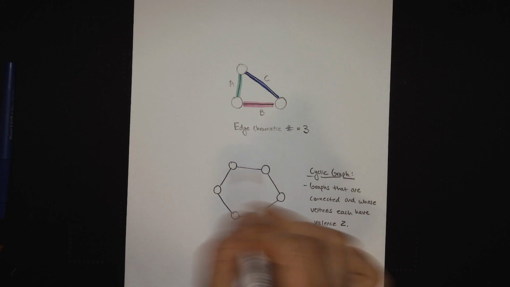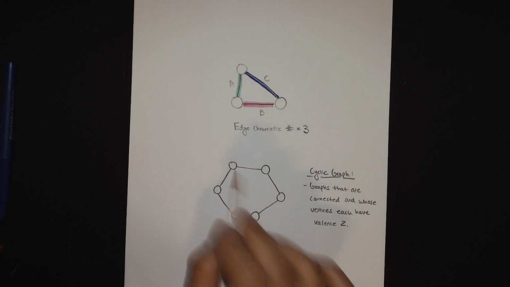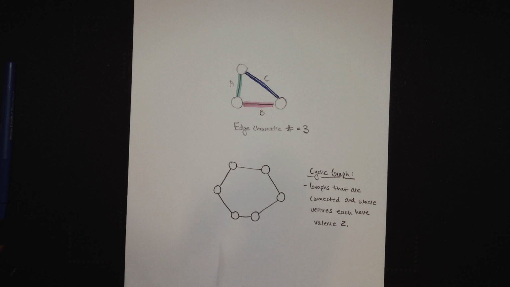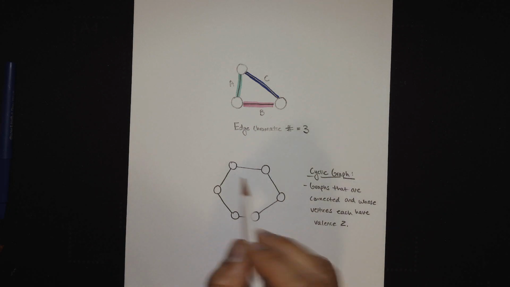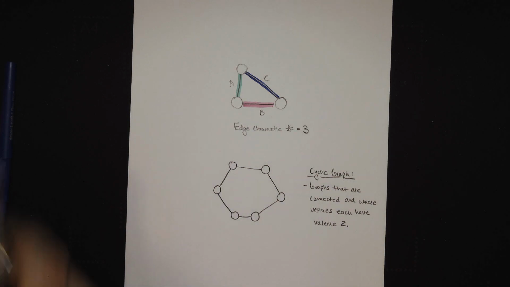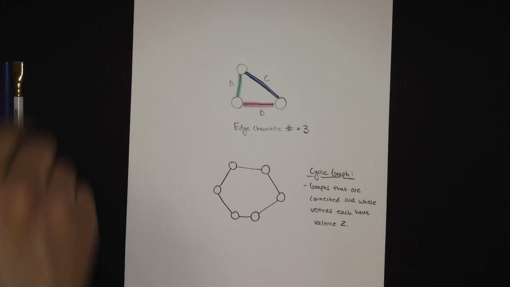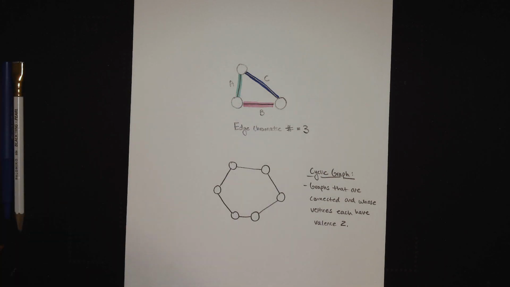We can see that this is a connected graph. We can get from every vertex to any other vertex via a path in the graph, and each vertex has valence 2. We'll see later, as we had seen in the first video, that this is one of the families for which we know, for every graph in that family, the edge chromatic number, or the answer to this coloring problem.